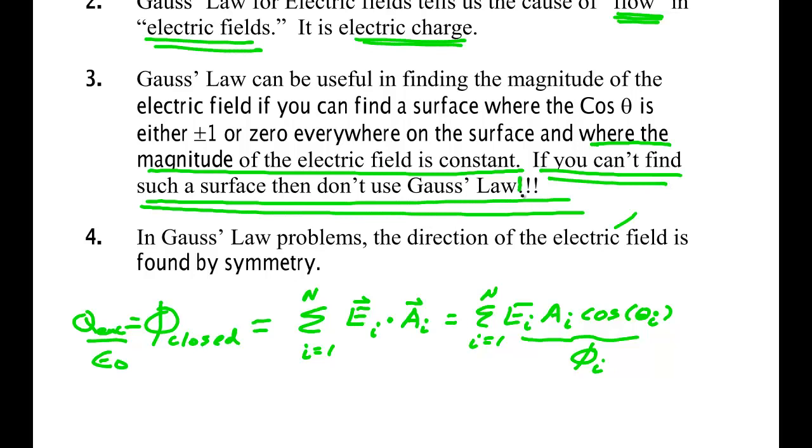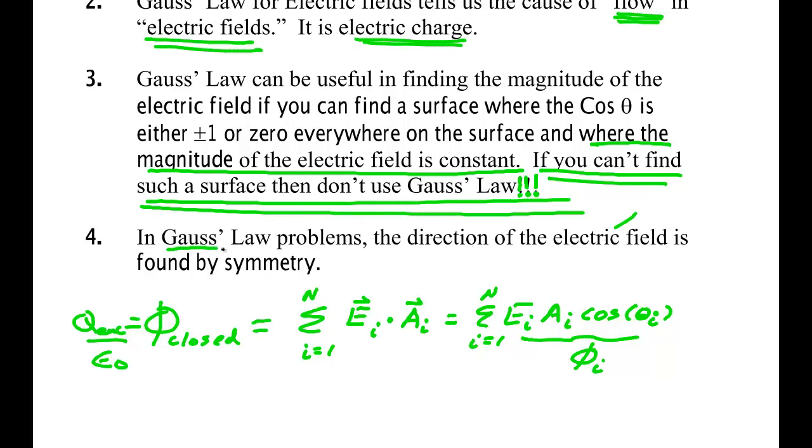So Gauss's law is usually used to find an electric field for a special surface called a Gaussian surface, which has these particular attributes: cosine is 1 or -1 or 0, and the electric field's magnitude is a constant. If you can't figure that out, you don't know the shape of the field, then just don't use Gauss's law.